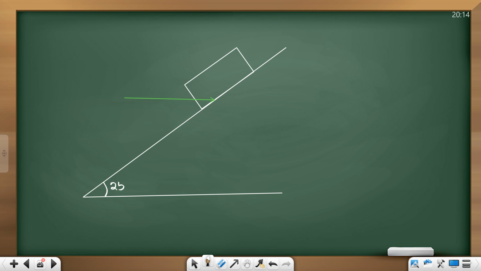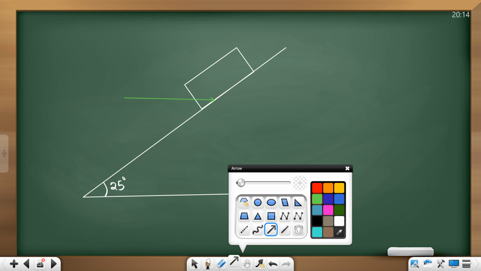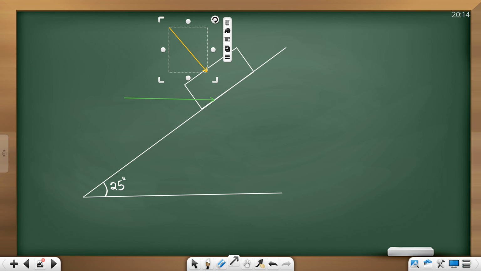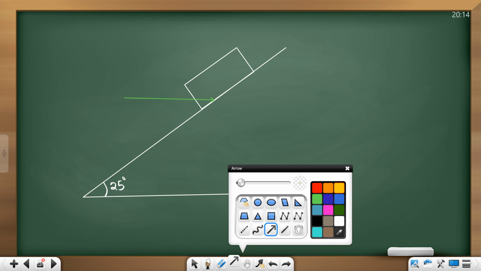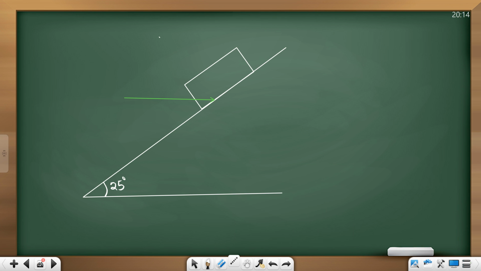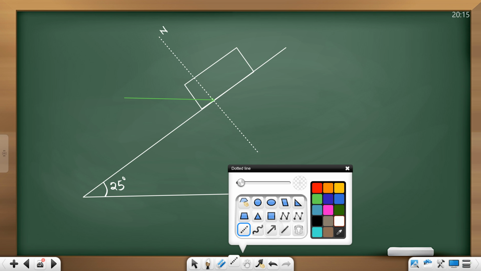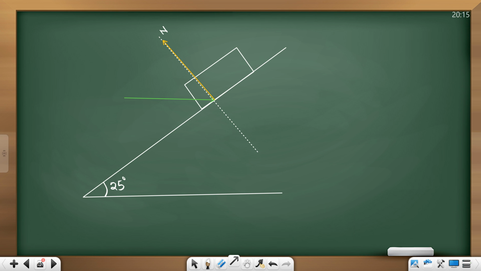So this is the original question. 25 degrees. We're good. We said we normally work with vertical and horizontal forces. Normal is vertical. So we're going to use our normal force as our cue to draw a vertical force. Do we agree there? Okay. So this is normal, which means our vertical force must be in the direction of the normal force.